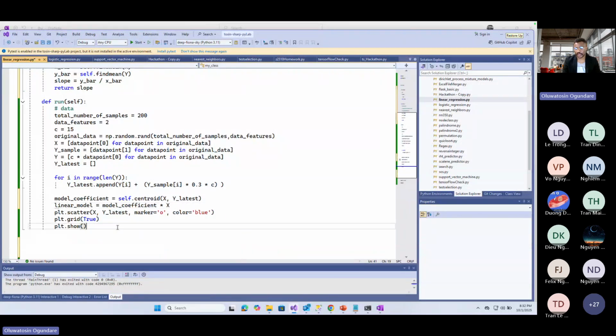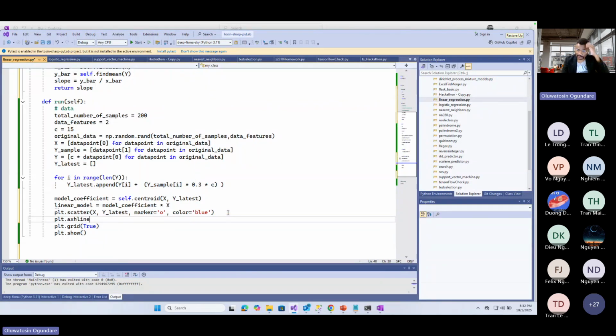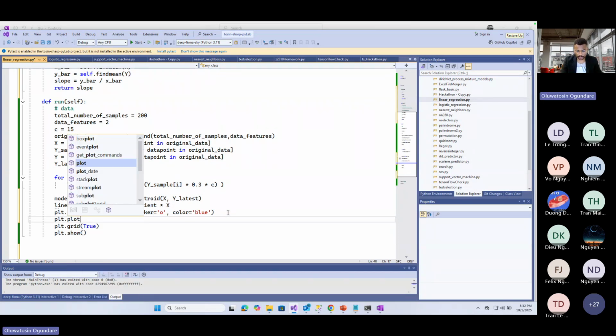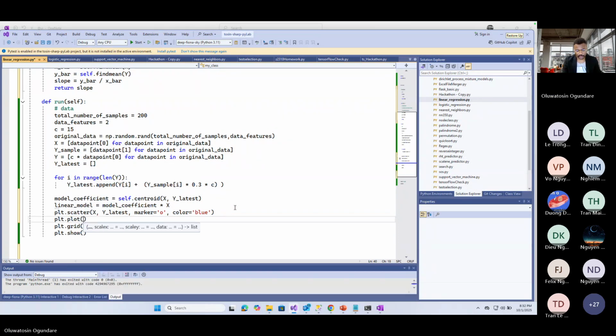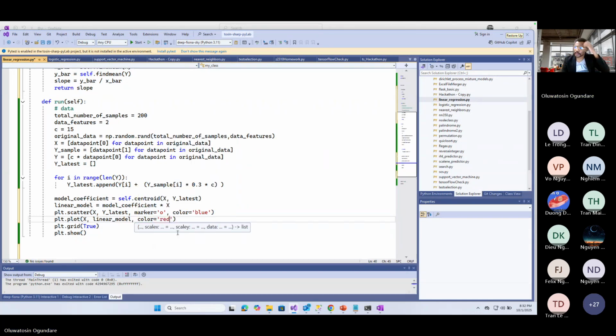So we can now plot the line. I think we can do that. Let's just simply plot. It's our linear model, which is our line that we are fitting. Okay, let's see if this works and how it looks.